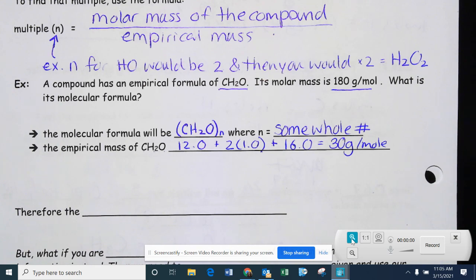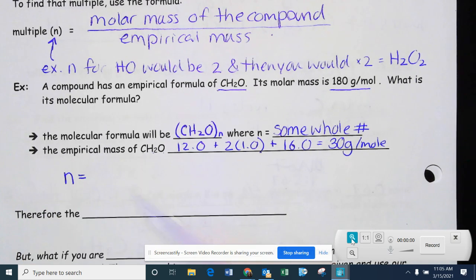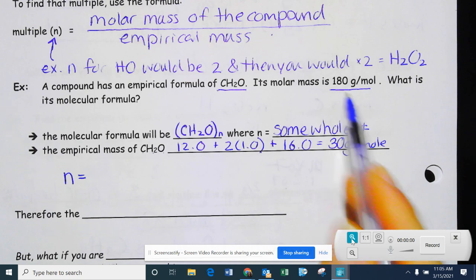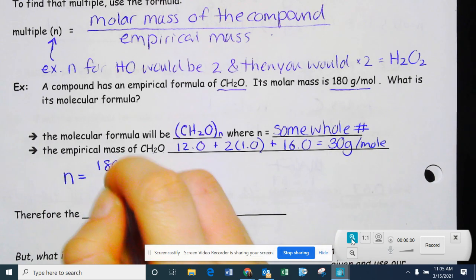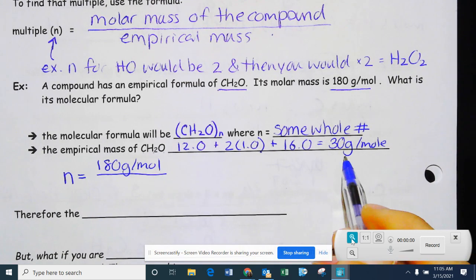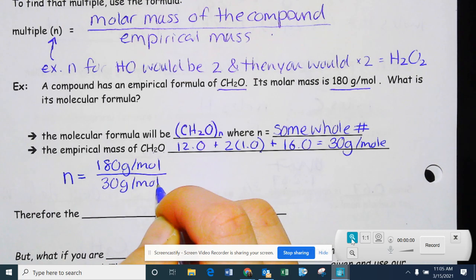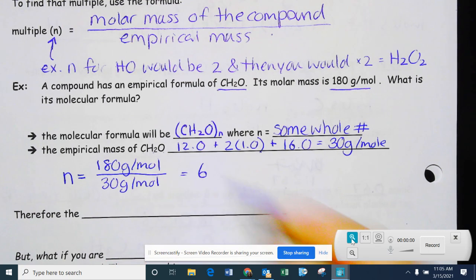No. So what we need to do is go N equals my actual molar mass, which is 180, divided by my empirical molar mass, which is 30. And what I'm going to get is 6.